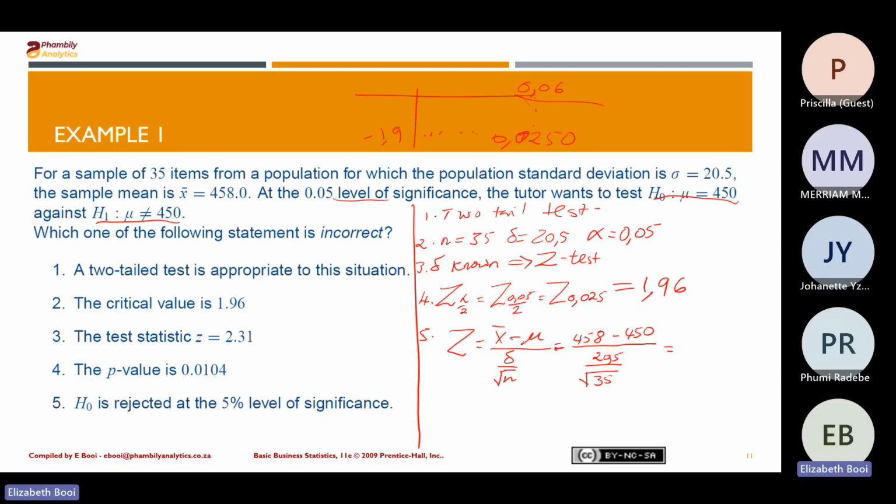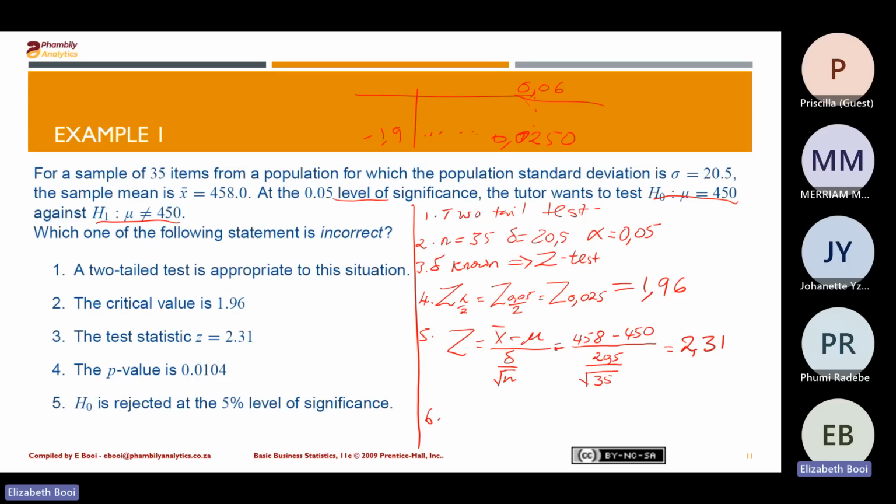And the answer is 2.31. My Z value is 2.31. At this point, please ignore the p-value for now. I will get to it just now.